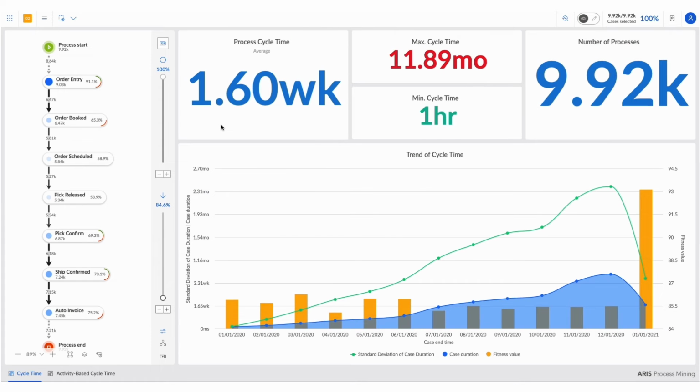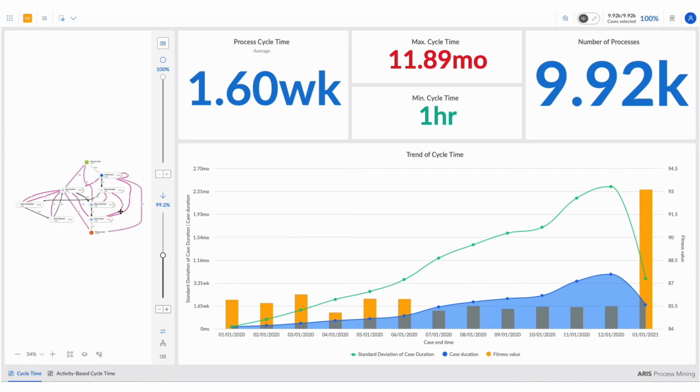Cycle time is a measure which is used to describe how long it takes to run a whole end-to-end process by defining duration between starting and finishing of it. By the Process Explorer widget on the left side, it is possible to filter down scenarios and observe how process cycle time changes.